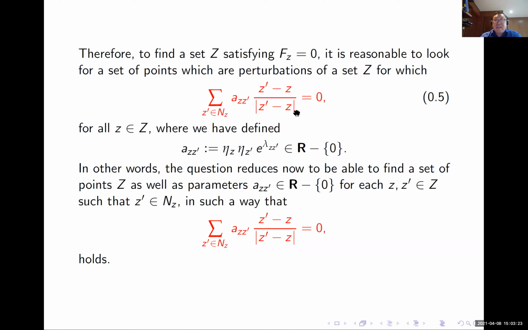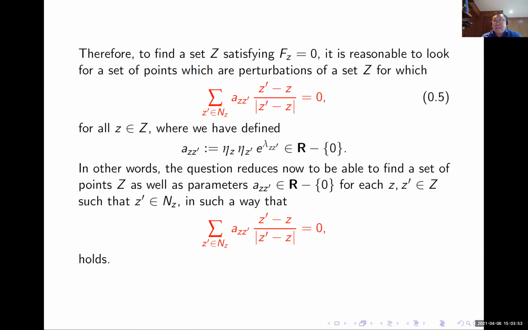What you need is that all the forces should be balanced. So this becomes a network. At each edge you assign a positive or negative force, and at each point all the forces balance each other.